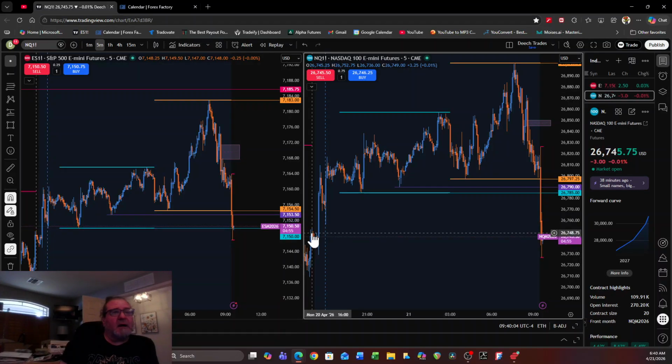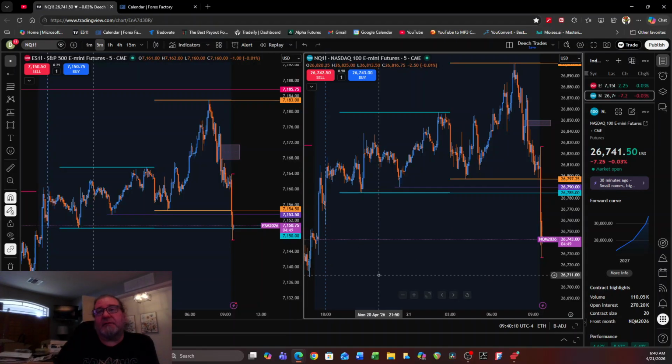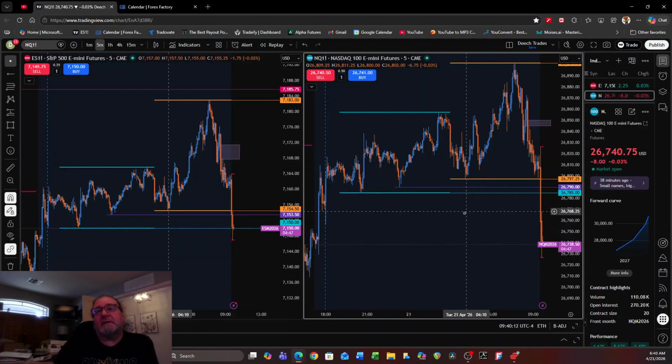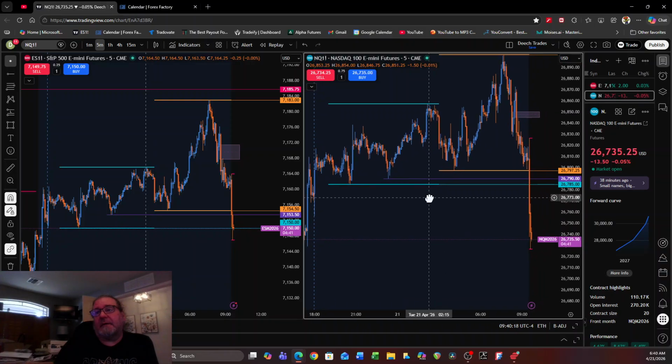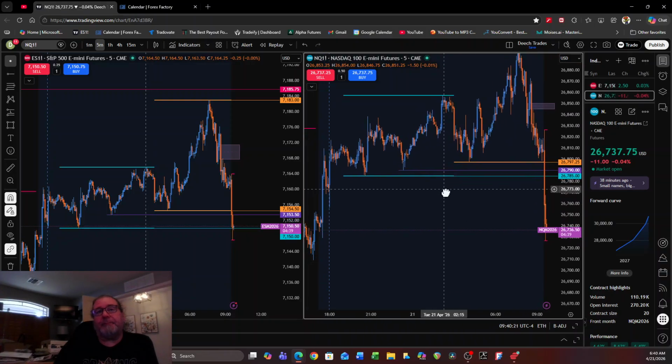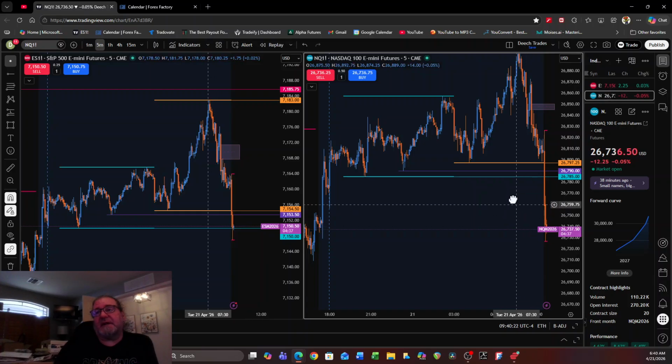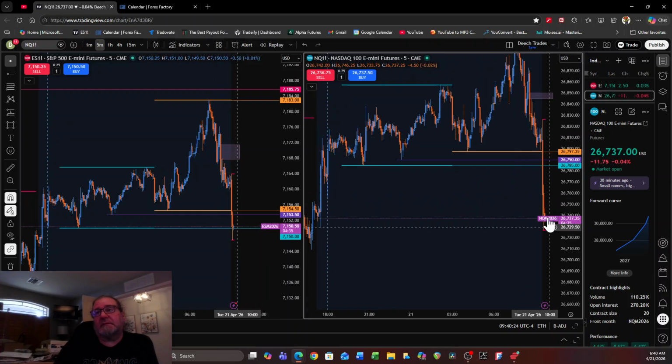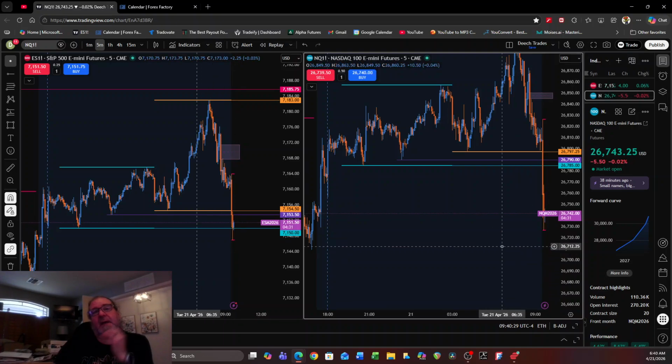Okay, looks like we did not inverse the value gap there, but it looks like we did inverse the gap on NASDAQ though.